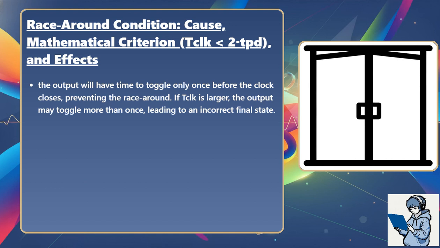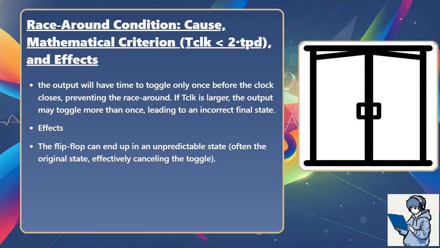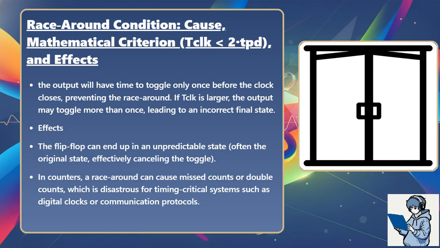If T_CLK is larger, the output may toggle more than once, leading to an incorrect final state. Effects: the flip-flop can end up in an unpredictable state, often the original state, effectively canceling the toggle. In counters, a race around can cause missed counts or double counts, which is disastrous for timing critical systems such as digital clocks or communication protocols.